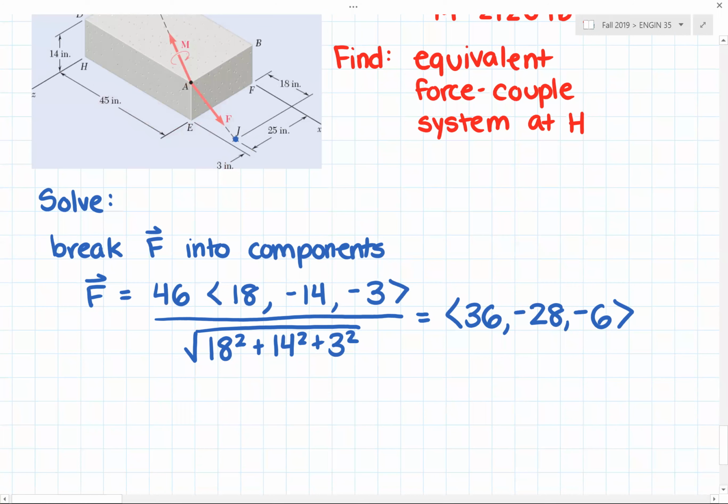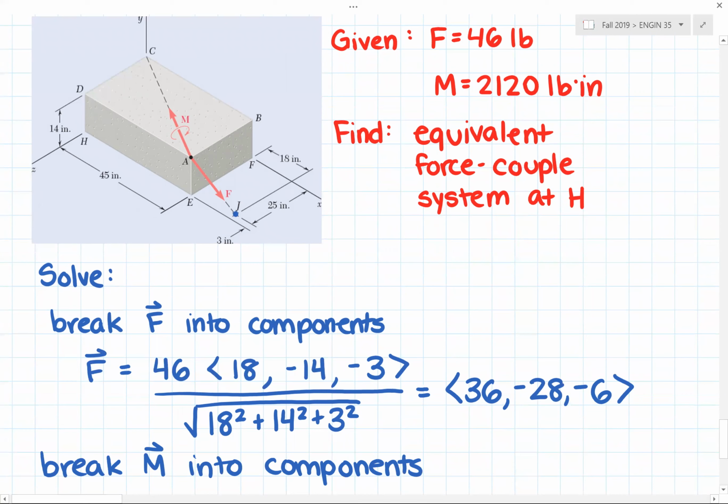I also want to break our moment or couple into its components. So if I look at this M here, it's going from A to C as my line of action.